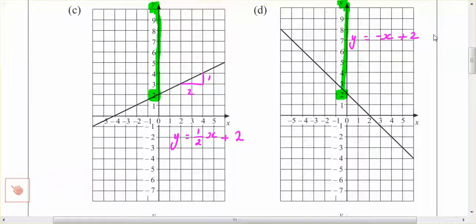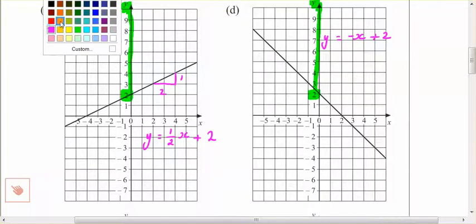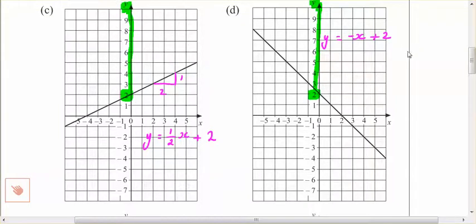Now one thing here I want to make you aware of. This one, look, minus x plus 2. That is absolutely fine, and it's the right thing to do, but there is another way it could be written that is slightly less messy, and you will see it written as y equals 2 minus x. Why change it around?